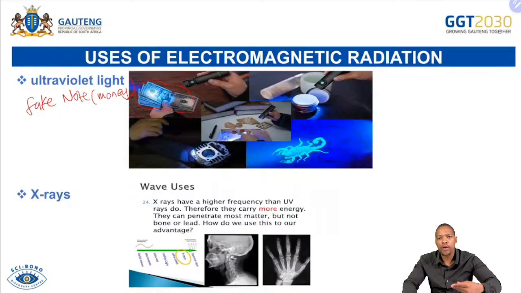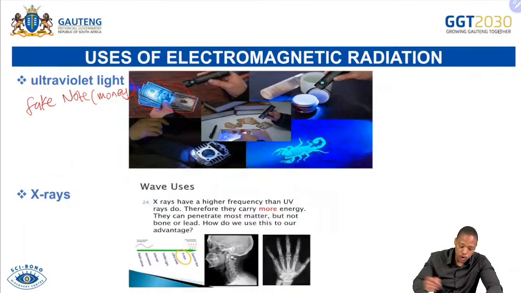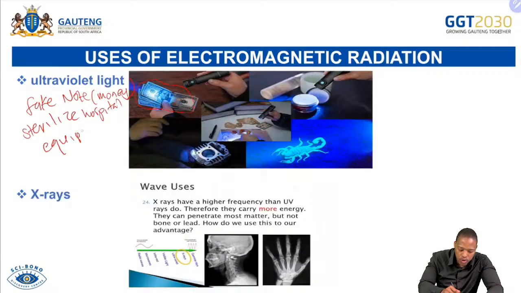So if you have fake or counterfeit notes, you can use ultraviolet light to detect whether this money is fake or not. Another use that is not in my picture is that ultraviolet light is also used to sterilize hospital equipment.